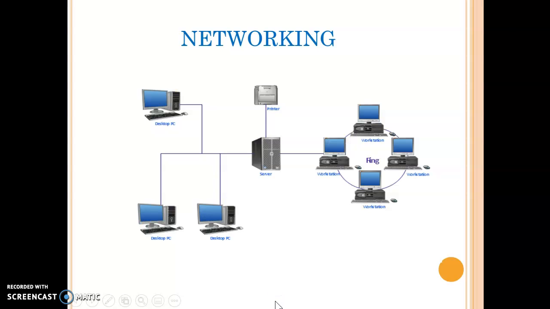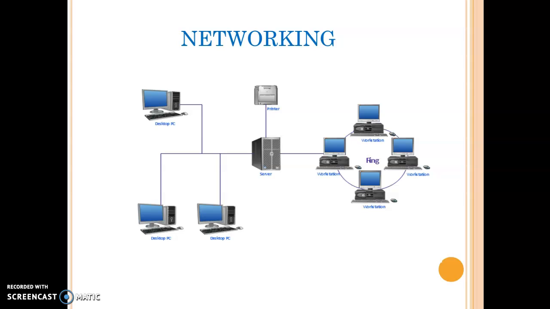Let us see different perspectives with regard to computer networking technologies. Herein, we see on the image a small graph of computer networking. A central server connects with a printer and different desktop PCs. Again, there are workstations connected with a ring topology.